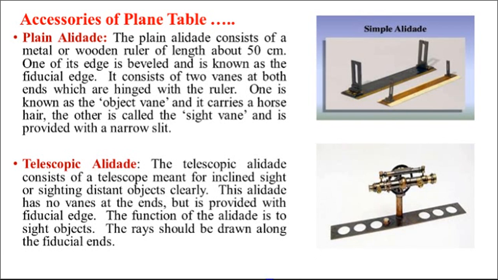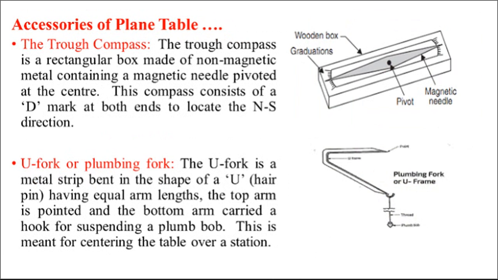Then next accessory is trough compass. So this is the trough compass. It consists of a box in which there is a magnetic needle, pivot is there, and here there are graduations, and this box is made up of wood, or we can say wooden box.